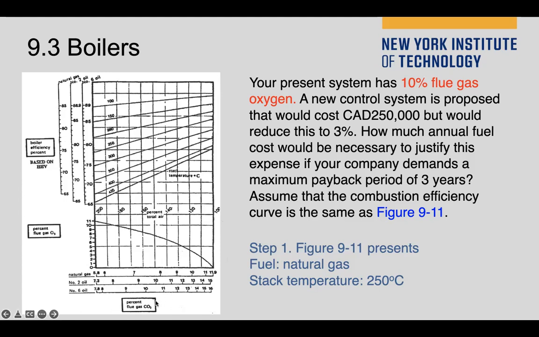We will take the horizontal axis, the percentage flue gas carbon dioxide. But for this question, we don't need to take care of the carbon dioxide. We just make use of the content of the oxygen.